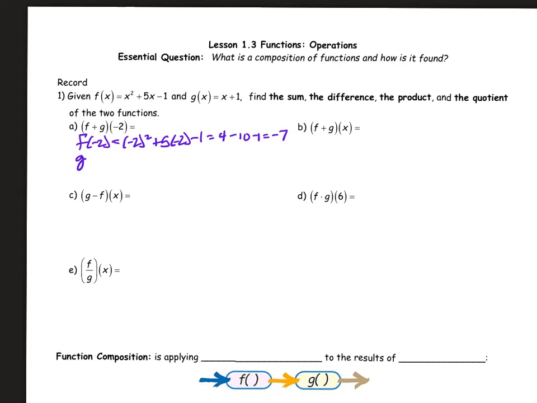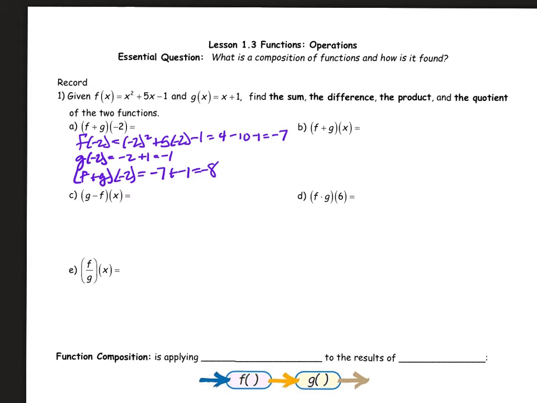And then I can find g of -2, which is -2 plus 1, which equals -1. And then I'm going to put them together. I'm going to say f plus g of -2, which is going to be -7 plus -1, which equals -8. Done. Okay, not too bad, right?